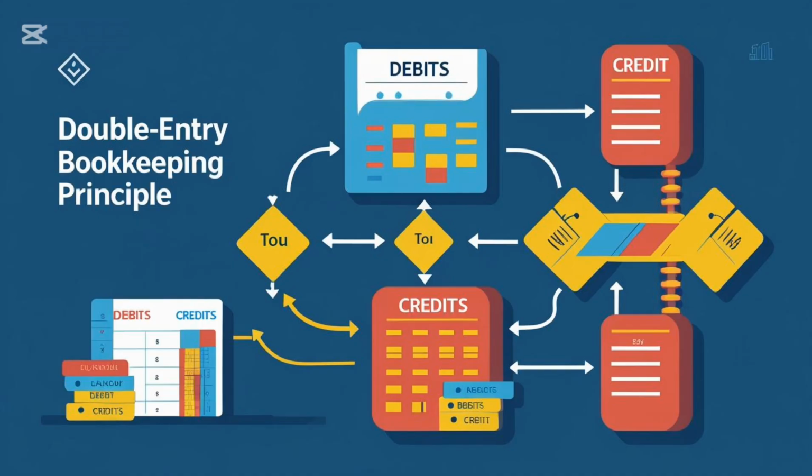So if you're able to know the classes of accounts and where you post them, some are debit entries and some are credit entries. That is why you must be able to classify the accounts you're opening. Is this an asset? Is this an expense?